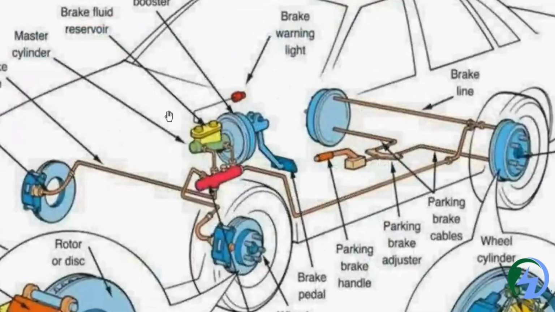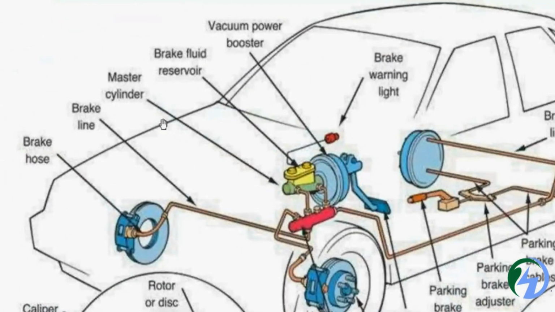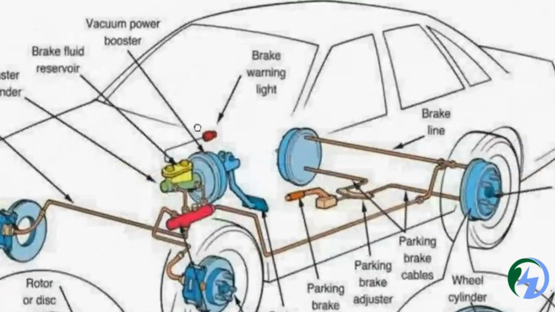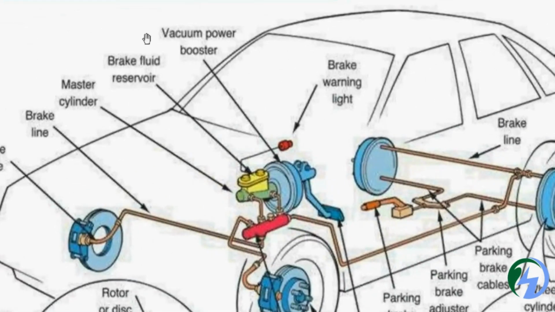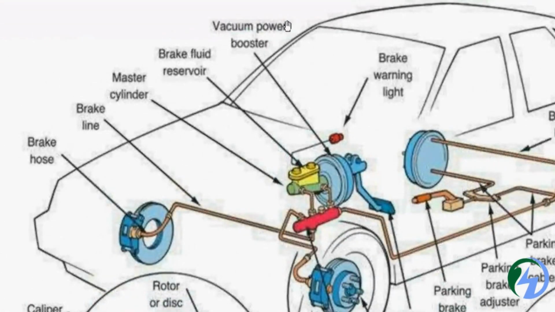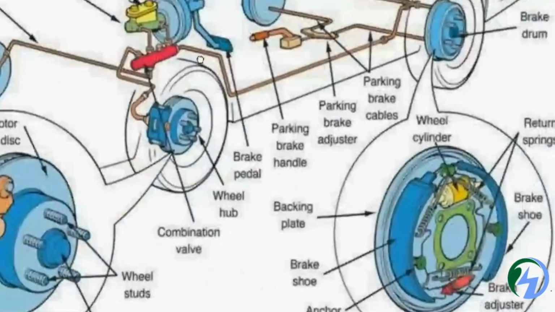Whatever the brake, we are able to control it by applying input from the driver side. Once the driver applies it, brake fluid flows into this system, and it is able to stop the disc brake or drum brake.